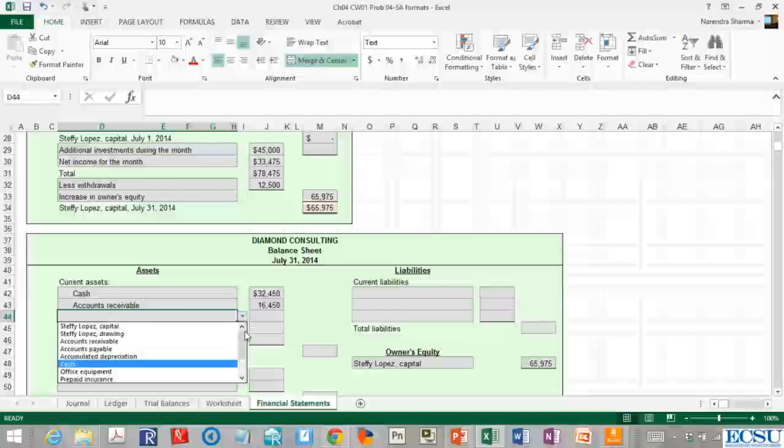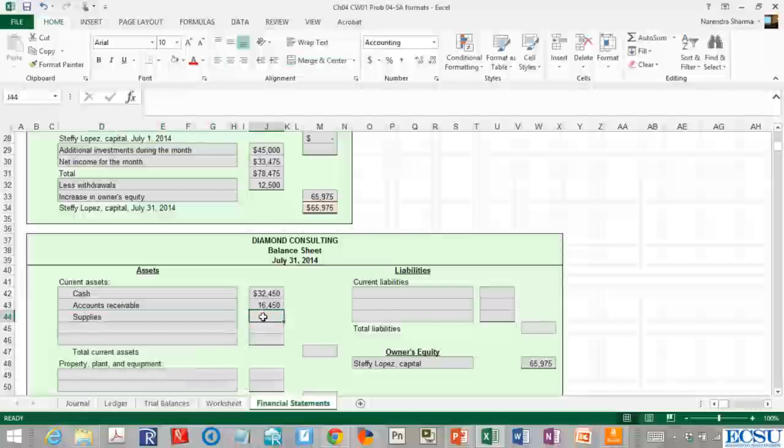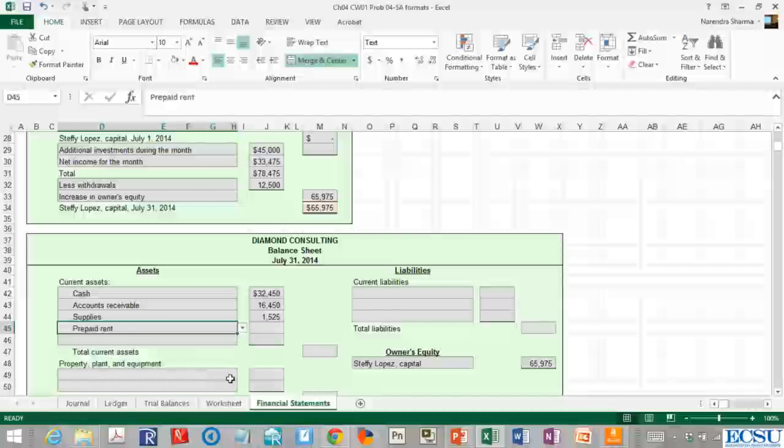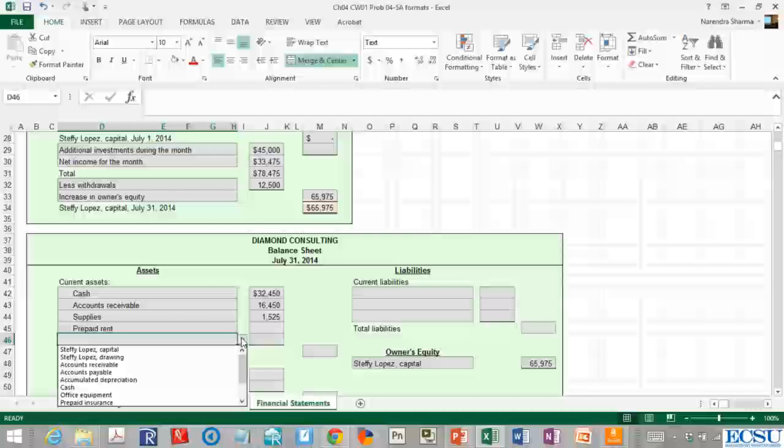Supplies is 1,525. And then next is your prepaid rent and insurance. So let us see the prepaid rent. Okay, and then prepaid insurance.